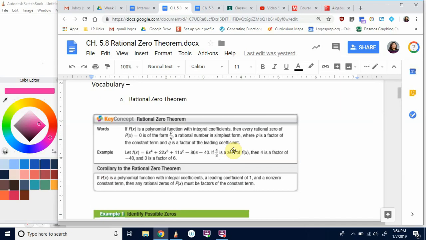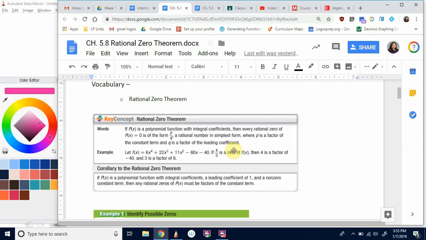If p of x is a polynomial function with integral coefficients, then every rational zero of p of x equals 0 is of the form p over q, a rational number in simplest form, where p is a factor of the constant term and q is a factor of the leading coefficient.